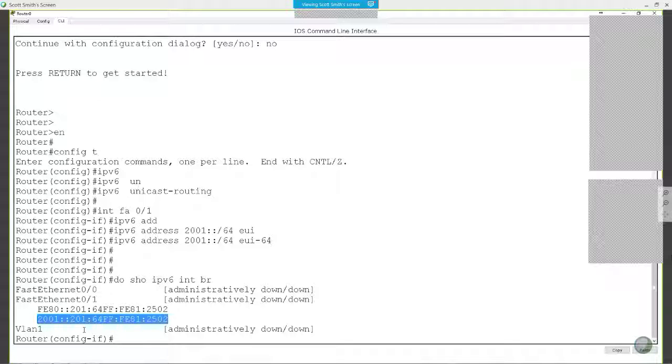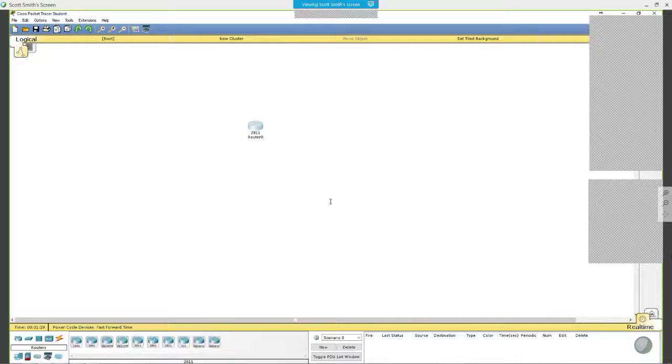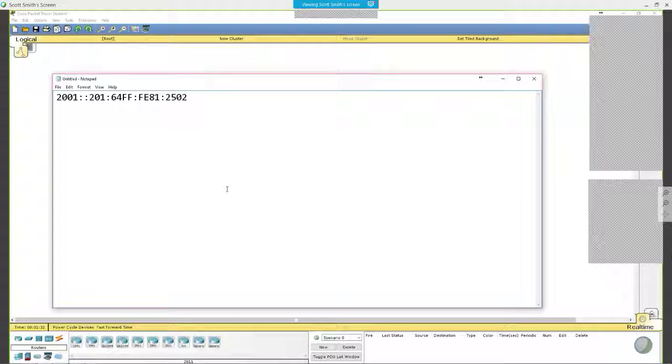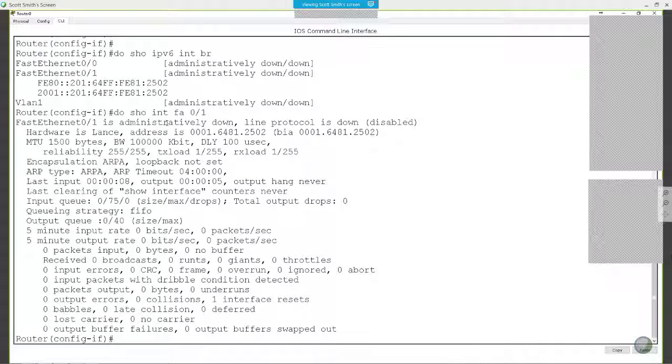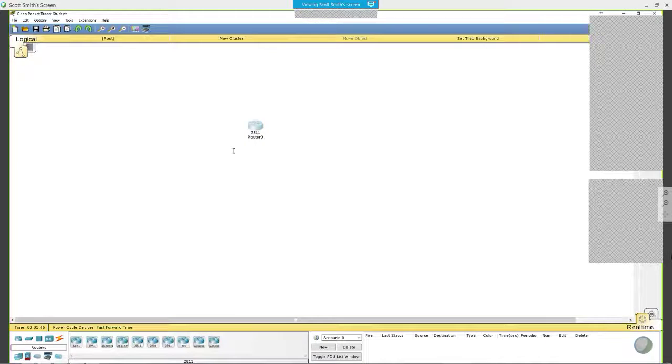All right, well, let's see how that actually came about. I'm going to copy that, put that in Notepad. And I'm also going to do a quick show interface FA0/1, and I'm going to copy the MAC address of the interface. So that was the MAC address.